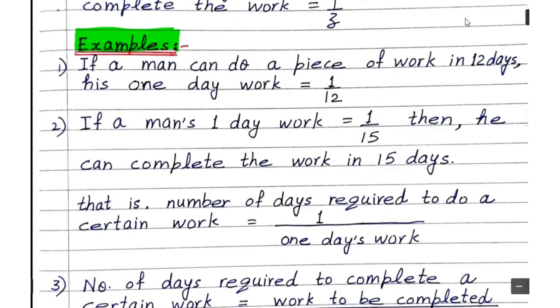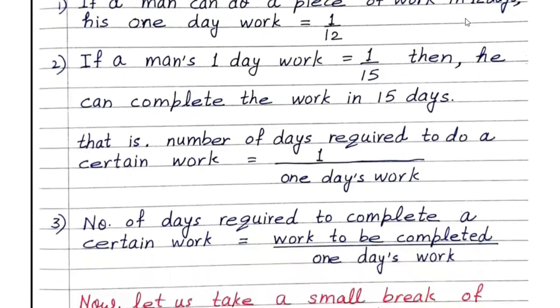That is, the number of days required to do a certain work is 1 upon 1 day's work, right? If you take the reciprocal of 1 day's work, you will get the total number of days. This is very, very important here.